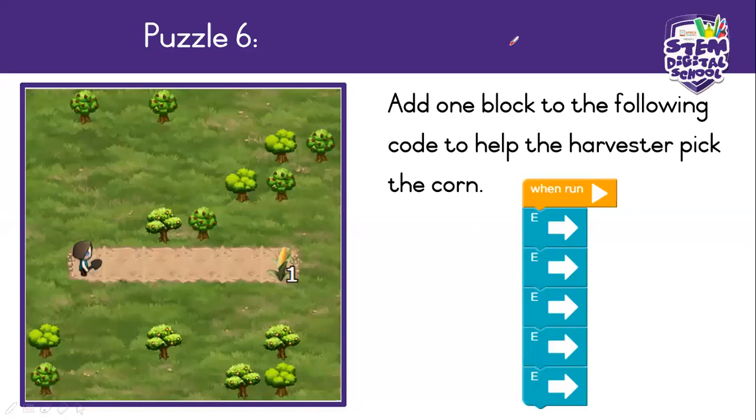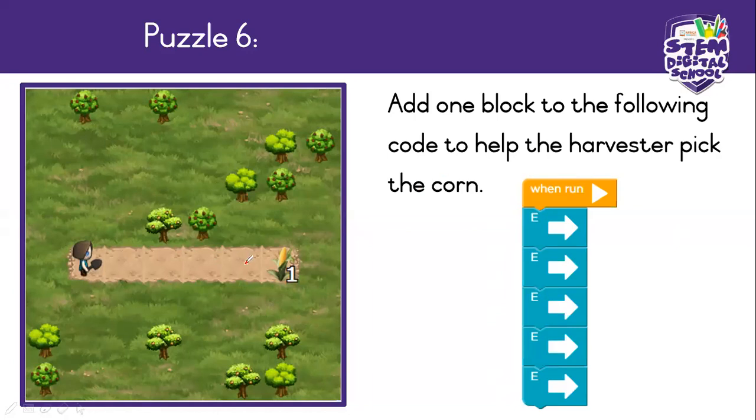Okay, so this is puzzle 6 now. So here is what I've told you guys about the debugging. They will give us this code. Right, so here's the harvester, and the code is going to tell you add one block to the following code to help the harvester pick the corn. Now let's first quickly see how many blocks there are that she needs to follow and how many blocks we need.